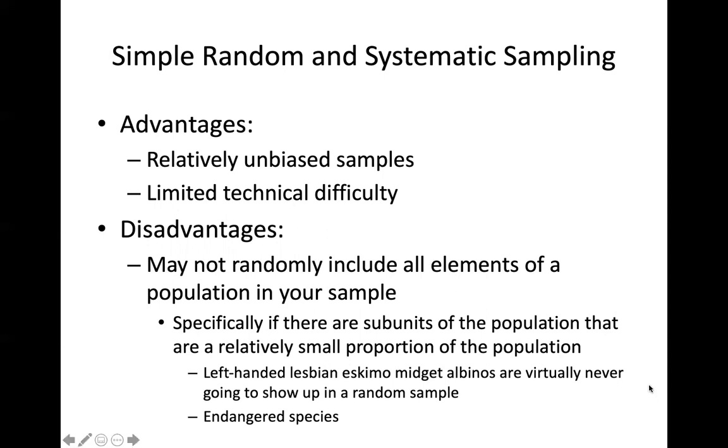But this is also going to be a real problem if you're trying to do a simple random sample for endangered species. By definition, they're very, very hard to find. They're not going to show up in a random sample. So if you're looking at big, broad averages, simple random sample and systematic sampling do really, really well. If you're looking for hard to find groups, you're not going to find those groups.